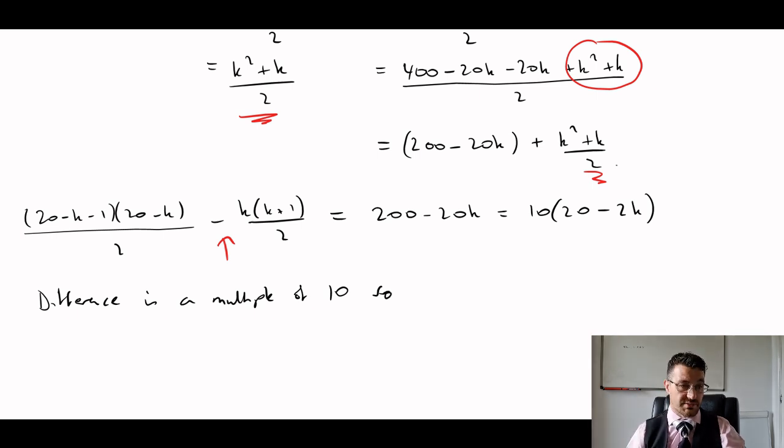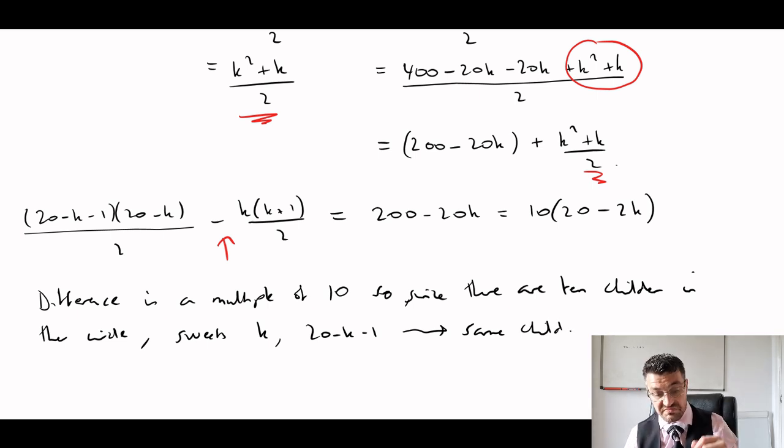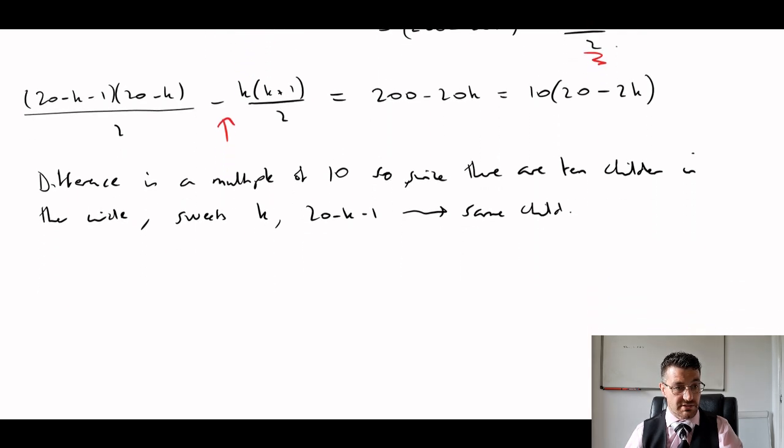So since there are 10 children in the circle, sweets k and 20 minus k minus 1 go to the same child. Okay, easy peasy.